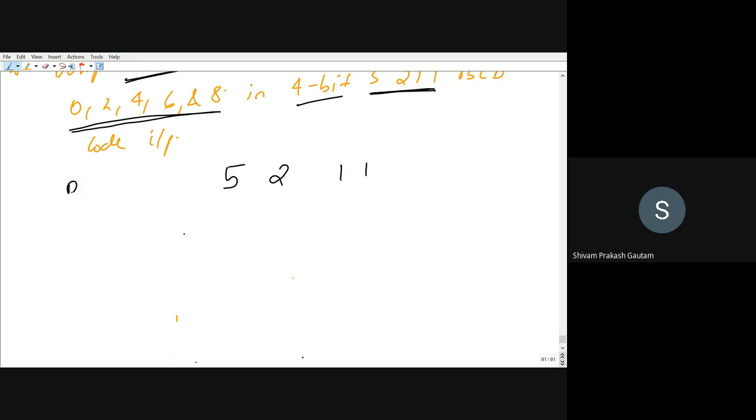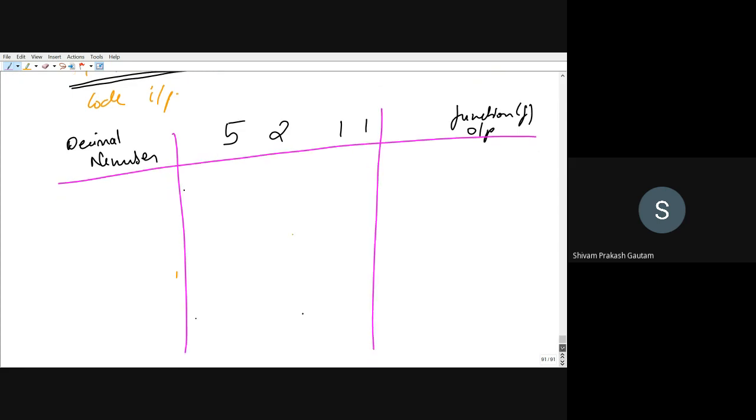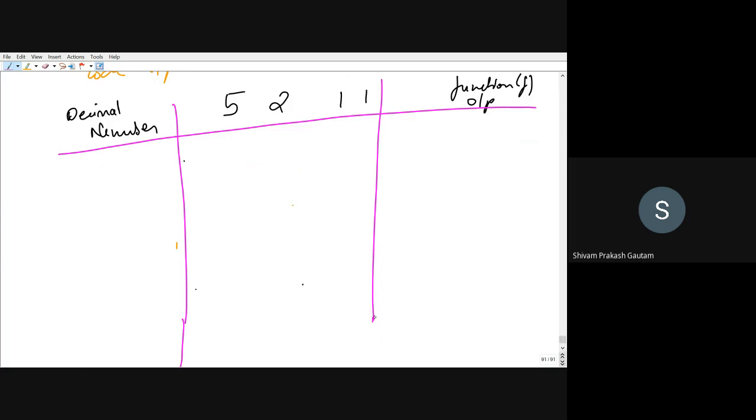Here will be the corresponding decimal number, and here I can write the function, or you can also write output. So we can have 0, 1, 2, 3, 4, 5, 6, 7, 8, and 9.